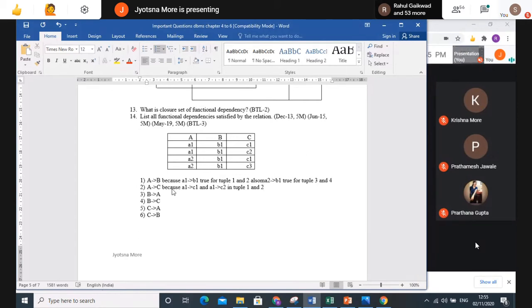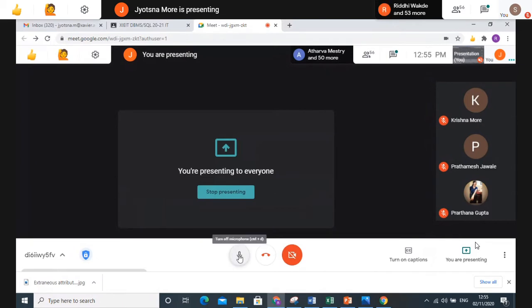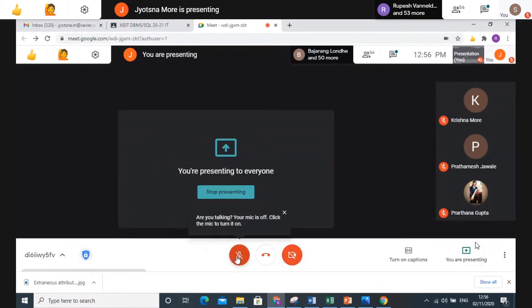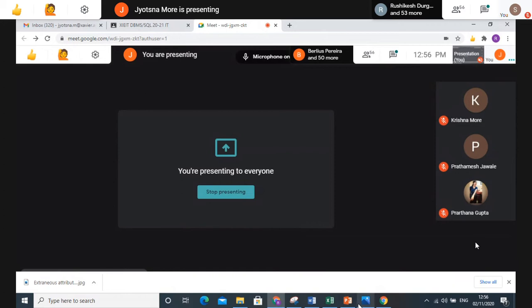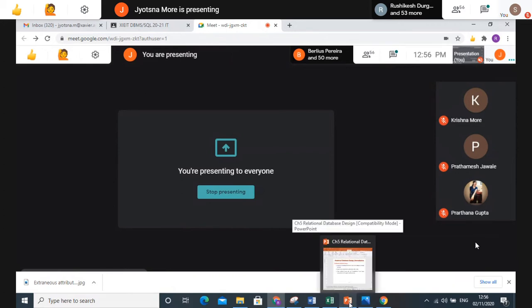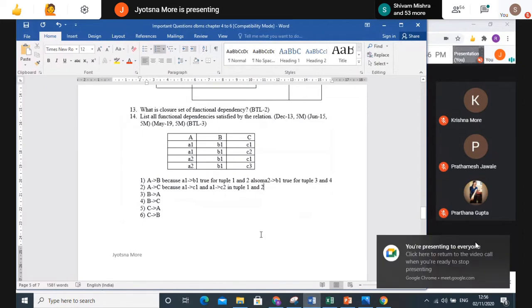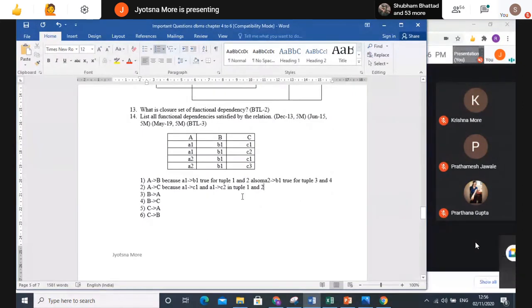Same way you can also write for A2 determines C. So, clear everyone? Give the reason completely and properly. I have not written the second reason also.